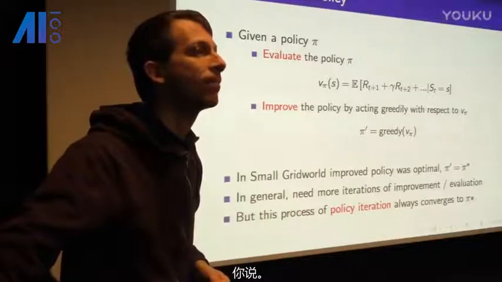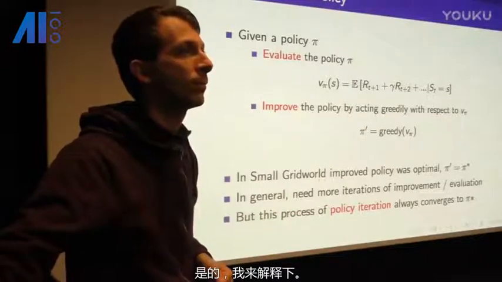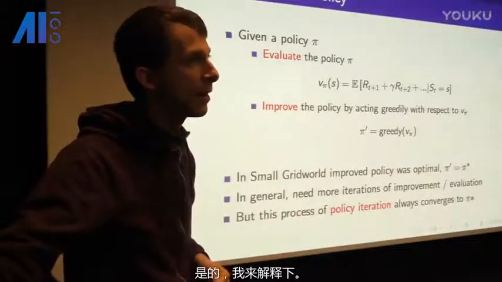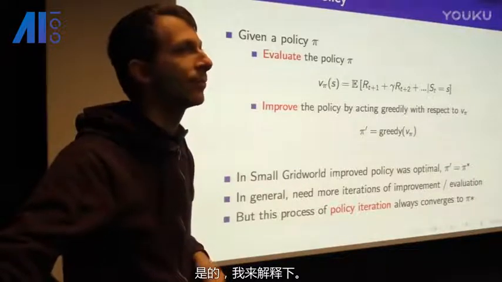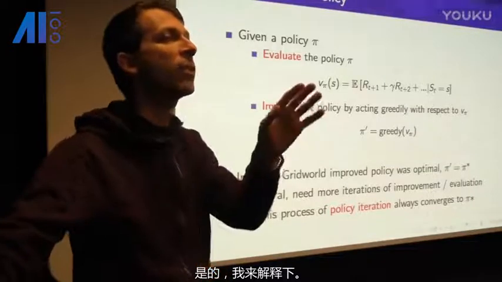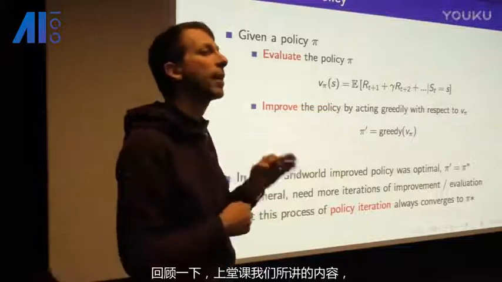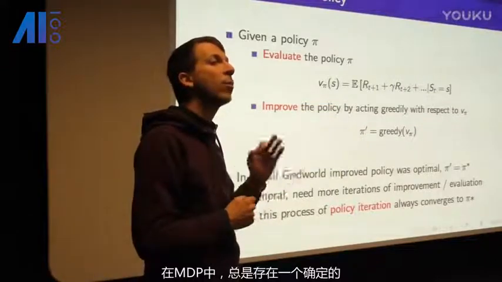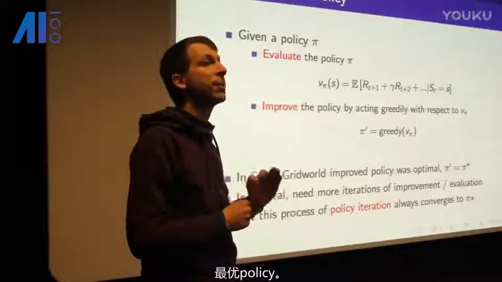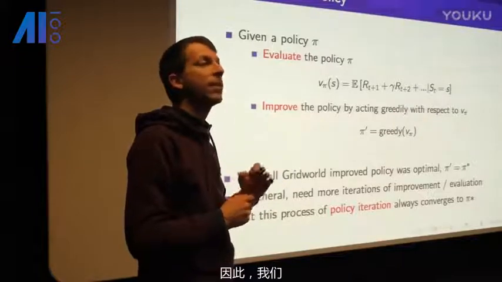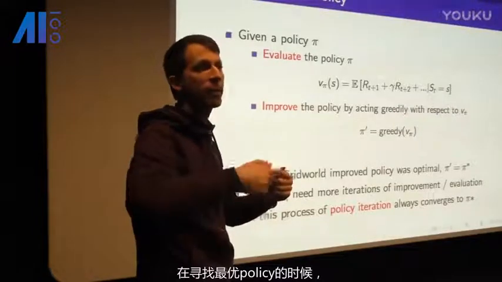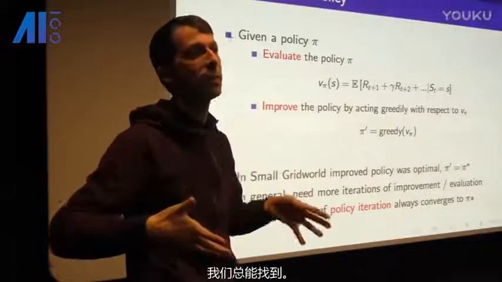Questions? When you improve the policy, then isn't it like a deterministic thing? Yes. Recall from the last lecture that there is always at least one deterministic optimal policy for any MDP. So it's sufficient to search over deterministic policies only when you're looking for the optimal policy.